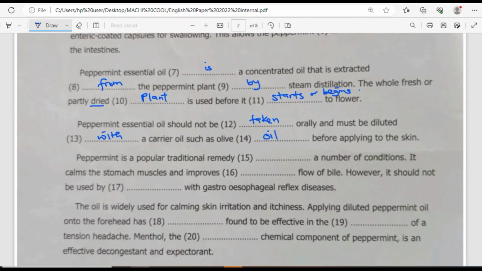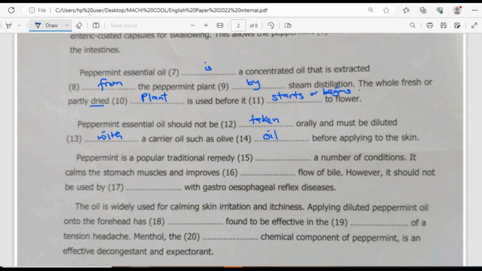Okay, we can move. We are saying that peppermint is a popular traditional remedy. A remedy means the solution or the medication which is used. So we are saying that peppermint is a popular traditional remedy for a number of conditions.